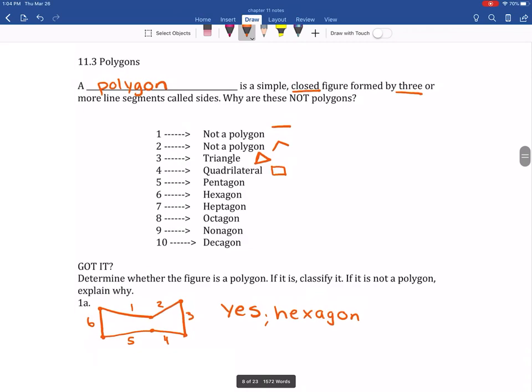So if you go back to the definition of a polygon, number 1, it has to be closed. Number 2, it says that they have to be connected with line segments, so there can't be any curves. And number 3, the sides cannot overlap.